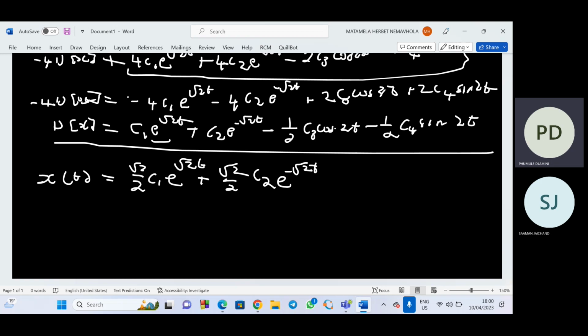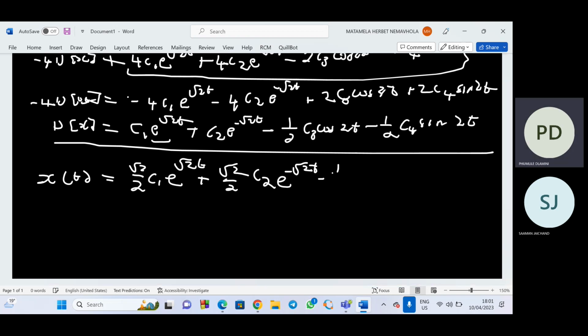Then when we differentiate cos, it's going to be sine, but positive. When we integrate cos, it's going to be positive sine, and when we differentiate sine, it's going to be negative cos. We change the sign to negative.